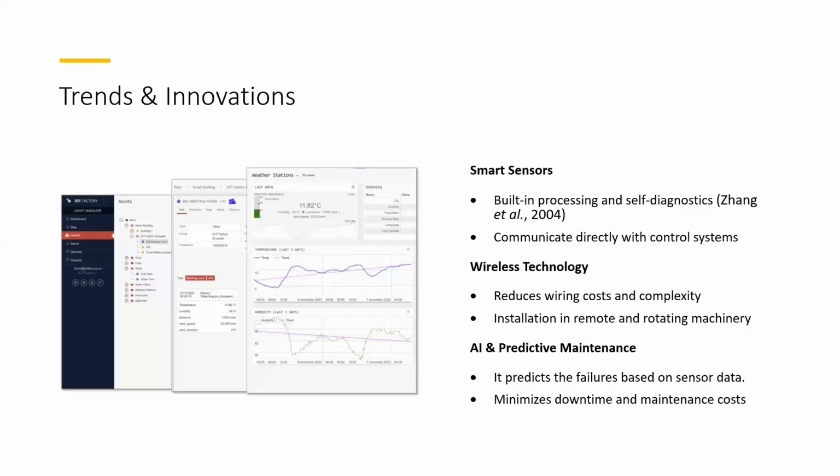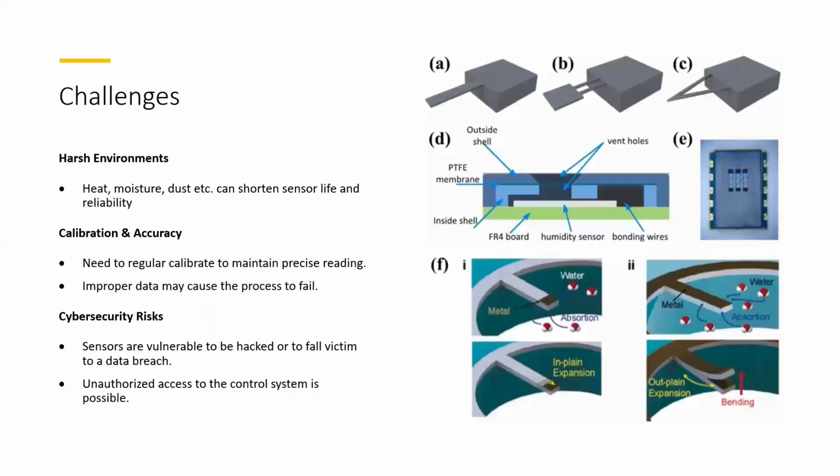AI and predictive maintenance: these sensors are also able to predict failure based on sensor data. They can predict their own failure, and they help in minimizing downtime and maintenance costs. This is a great advantage and innovation in the sector of sensors.